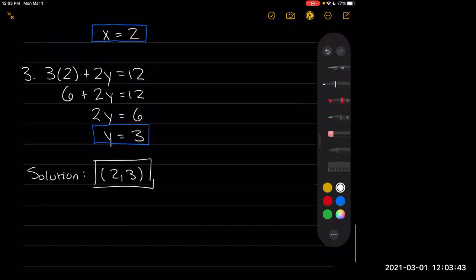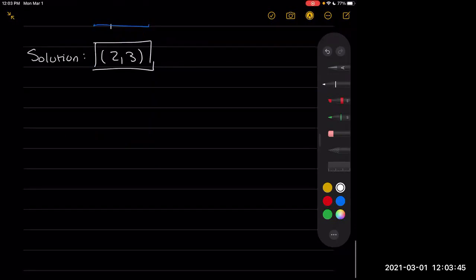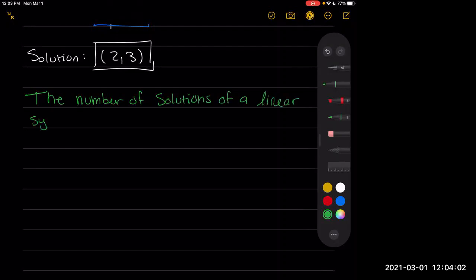Okay, so this next part of lecture is very important. It is the number of solutions of a linear system in two variables.